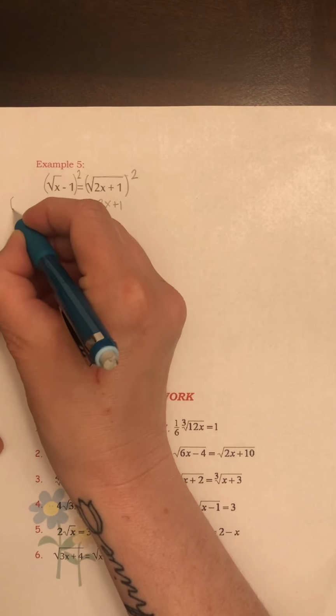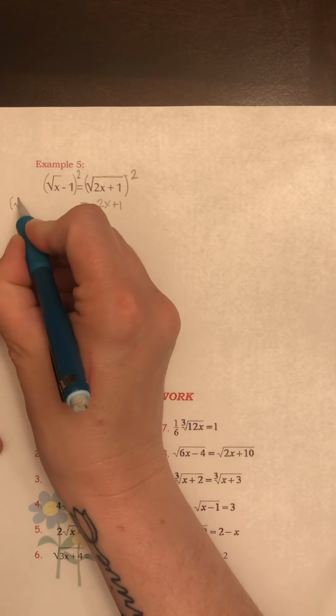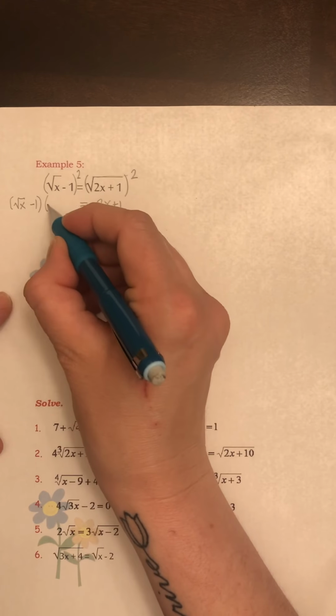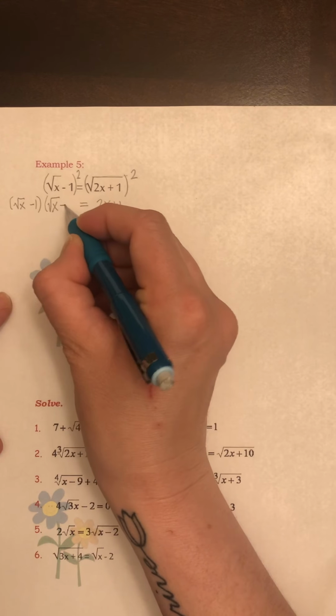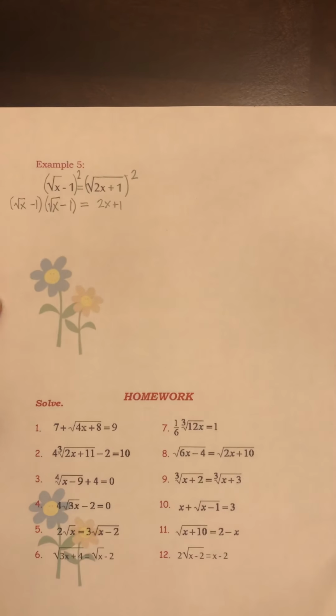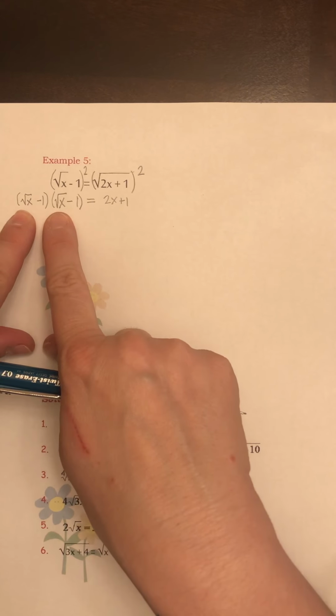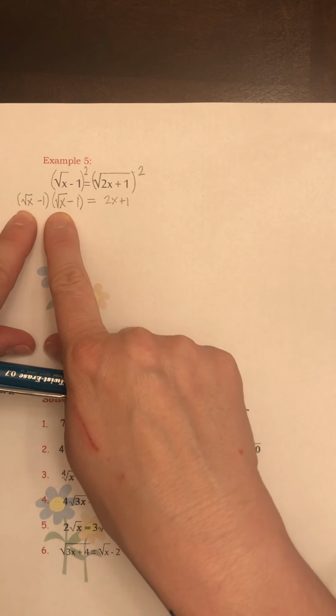So what does this mean? Well, if I have this squared, that means that I have the square root of x minus 1 being multiplied by itself 2 times. And y'all may have guessed that this means we are going to FOIL. So let's FOIL this together. Start with first, square root of x times the square root of x. So remember, look what we have.